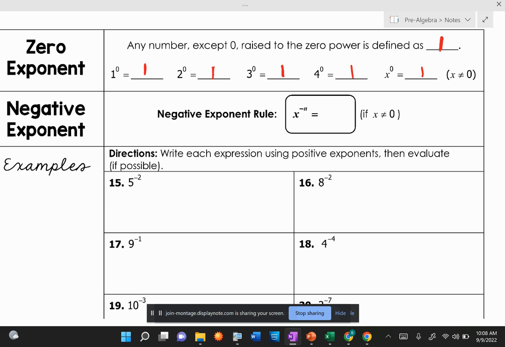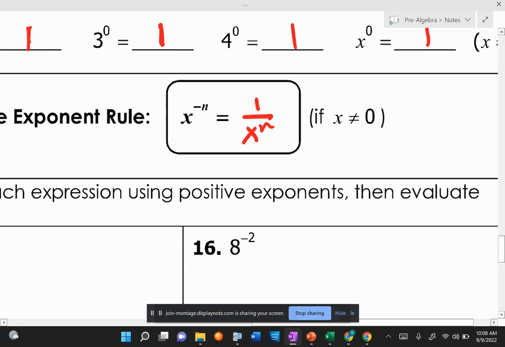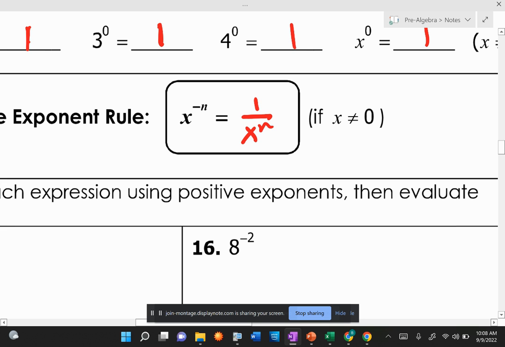Negative exponent rule. If we have x to the negative n power, that is going to equal 1 over x to the n. So, for instance, and this is frequently missed, let's say we have x to the negative third power.